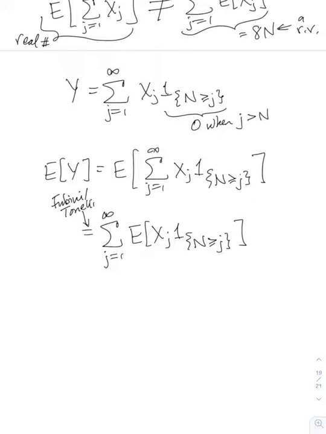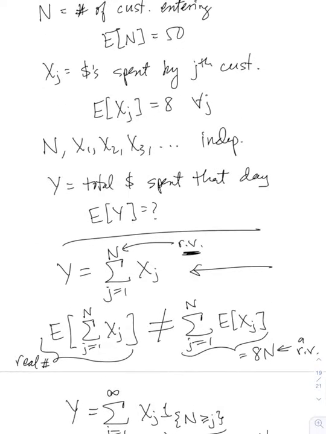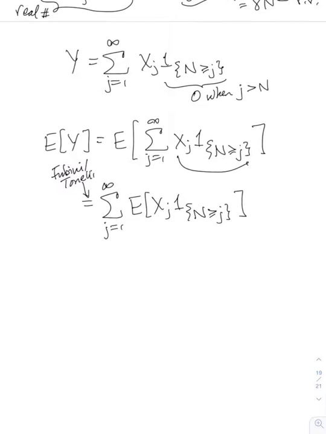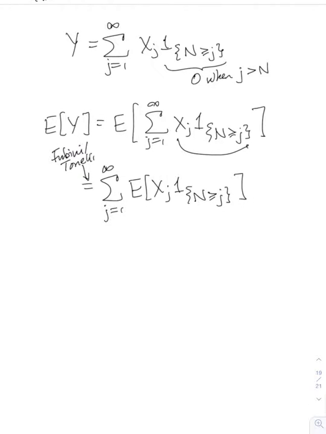It goes beyond our course, but the fact that you can use it here is that if the random variables that are the terms of your series are all non-negative, then you can always swap the sum and the expected value. And here they're all non-negative. The indicator is either 1 or 0, and Xj is money spent. It's sort of an implicit hypothesis that they're not owing money to the department store. They go in and spend a non-negative amount of money. So if the random variables in my series are non-negative, then I can swap them.